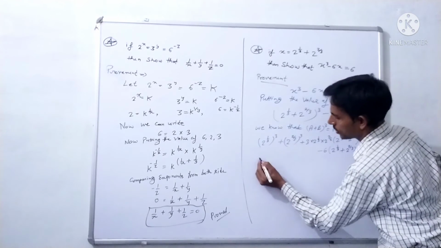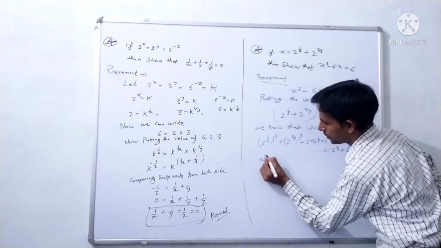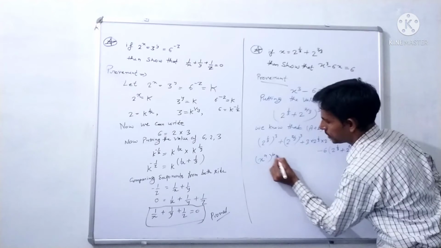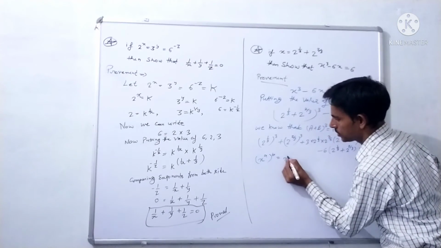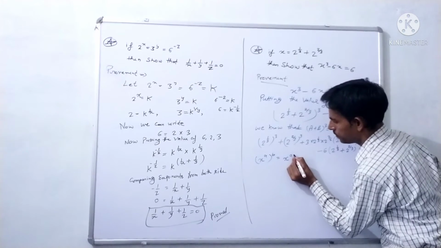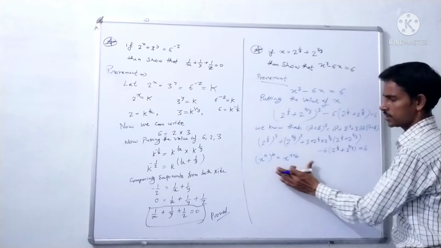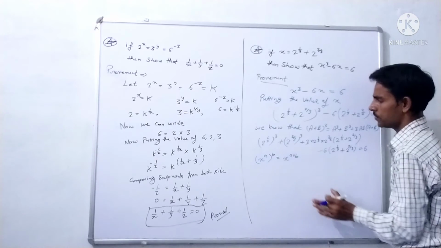Hello students, we know some formulas: (x^a)^b equals x^(ab), so we multiply these exponents. This is our exponential formula.